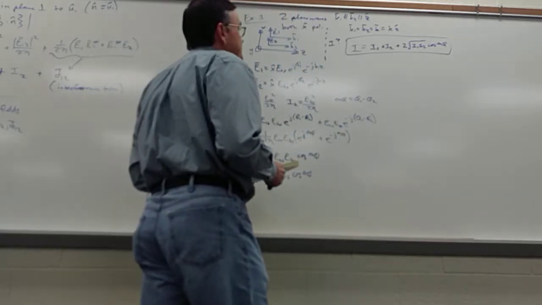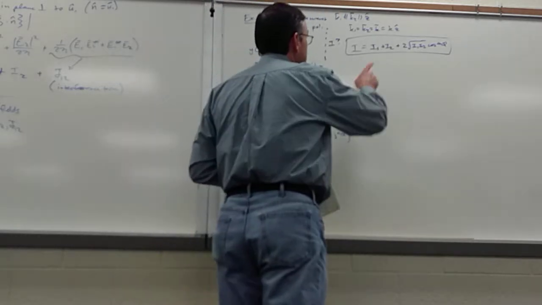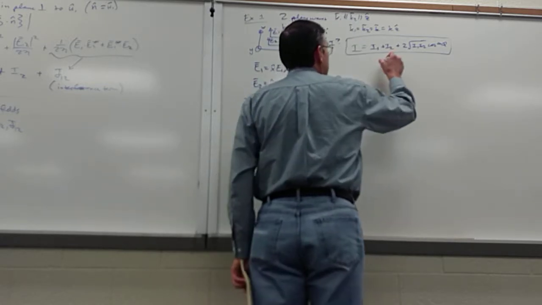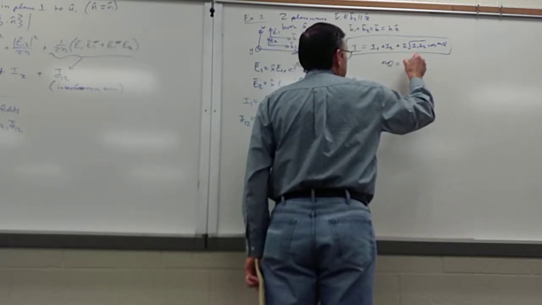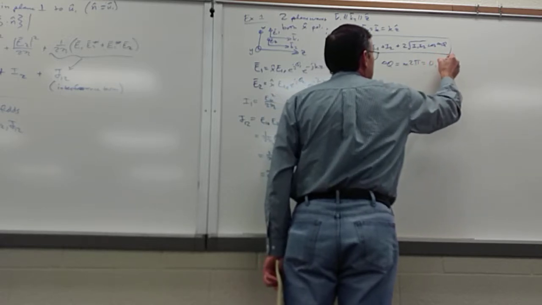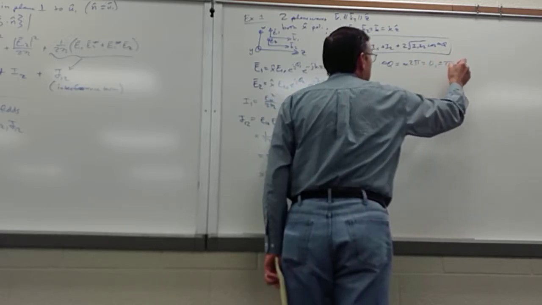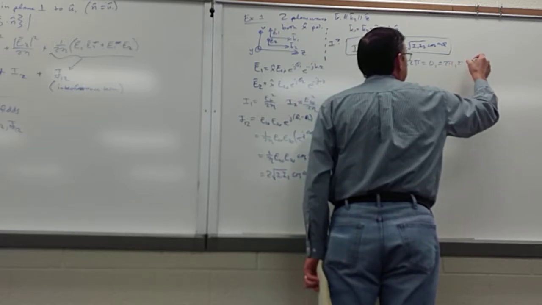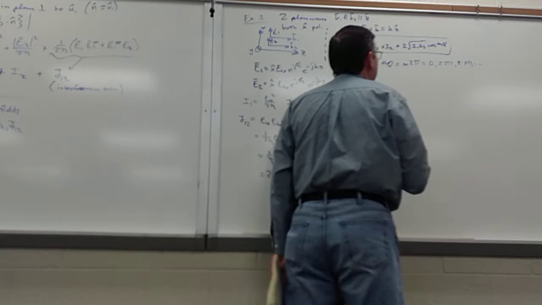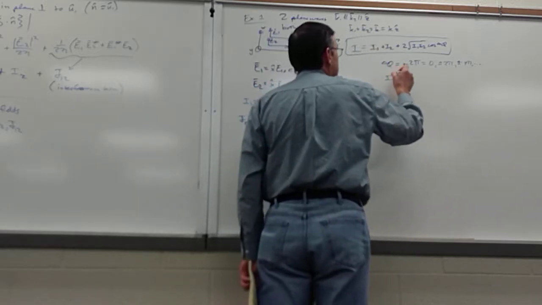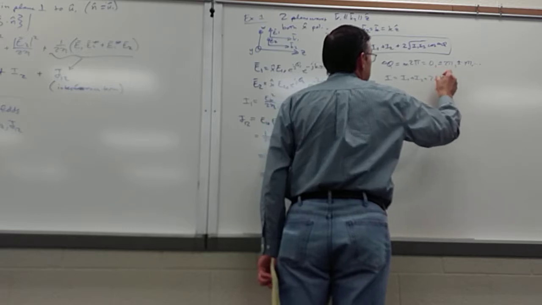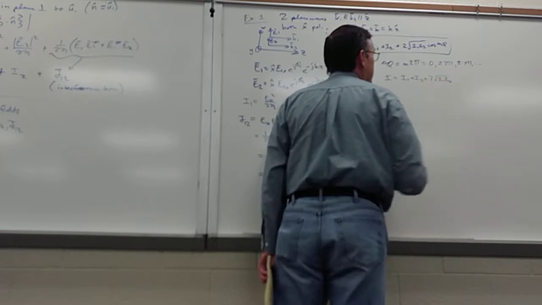Okay, so let's play around with this a little bit. Notice that if delta phi was equal to an integer times 2 pi, so this would be 0, plus or minus 2 pi, plus or minus 4 pi, etc. Then the irradiance is I1 plus I2 plus 2 times the square root of I1 I2.